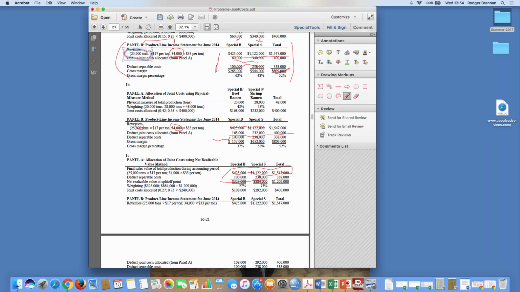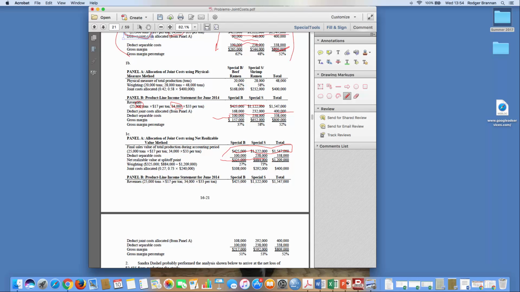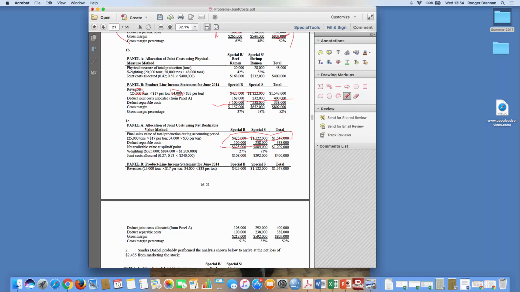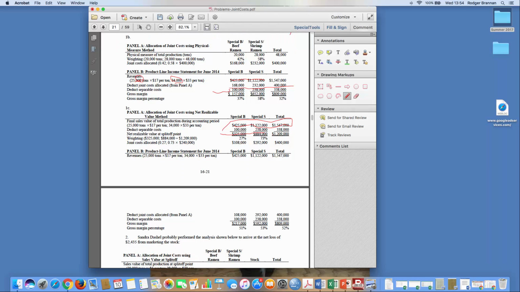So of the joint cost of $400,000, $108,000 would be allocated to B, and the $292,000 to S. And then beyond that, because we're selling all of that product beyond the split off point, all of the costs, both the separable and the joint cost, are going to get allocated. And in this case, pretty comparable in terms of gross margins.